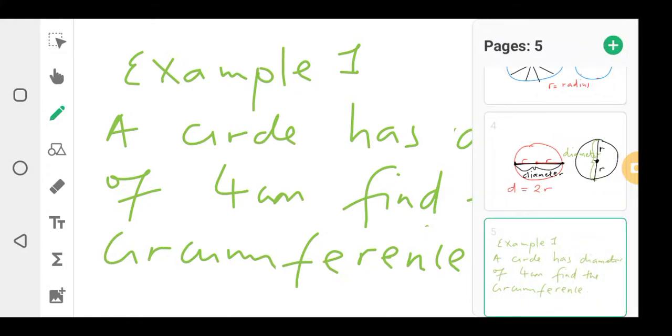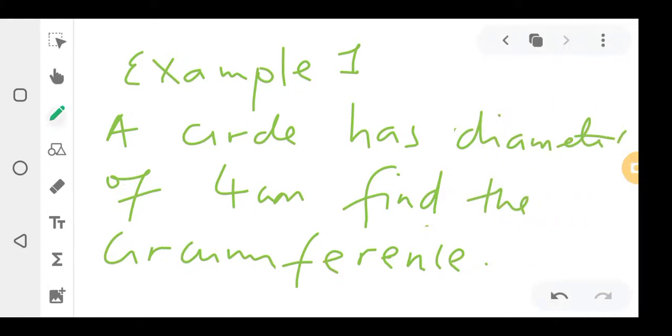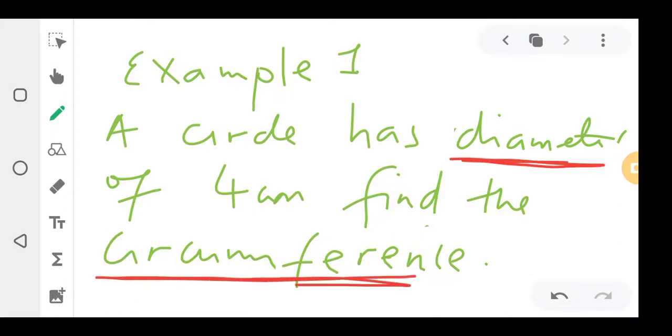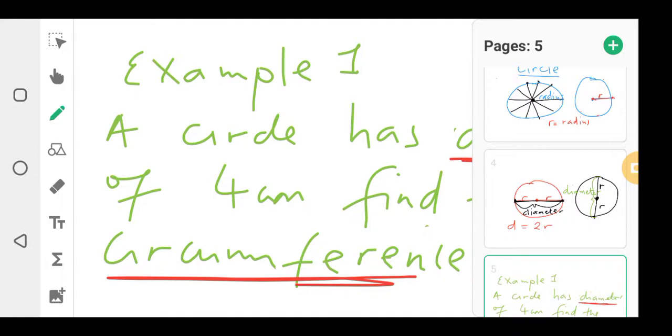The first thing you look at is that the question has something to do with the diameter. So when you're writing the formula for the circumference, write the formula that has diameter: circumference is equal to pi d.